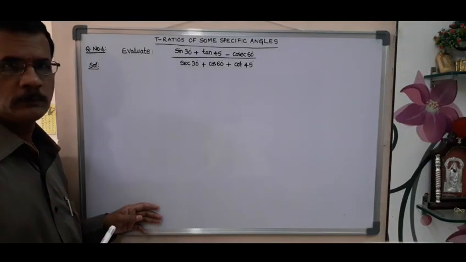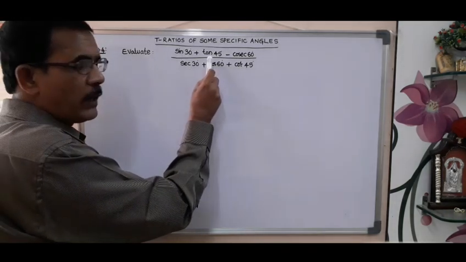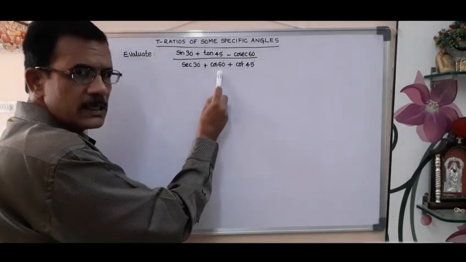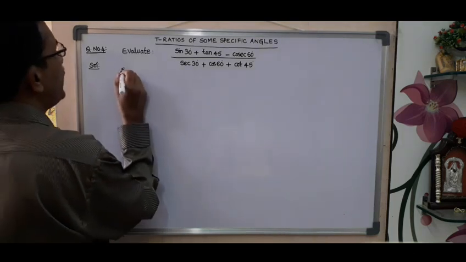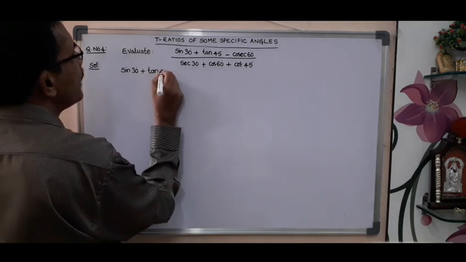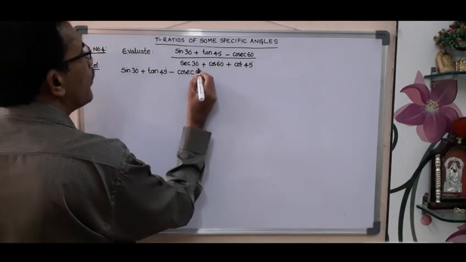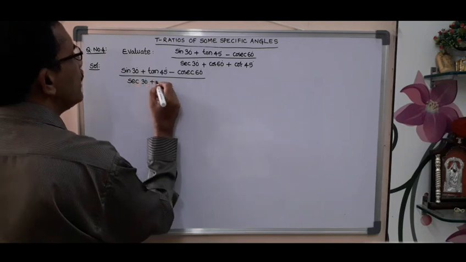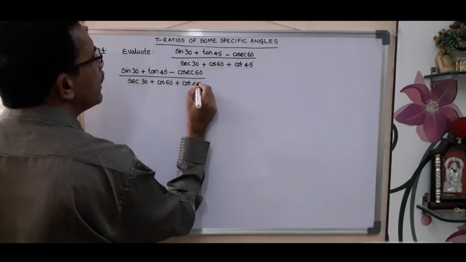This is question number 4. Evaluate sin 30 degrees plus tan 45 degrees minus cosec 60 degrees by secant 30 degrees plus cos 60 degrees plus cot 45 degrees.